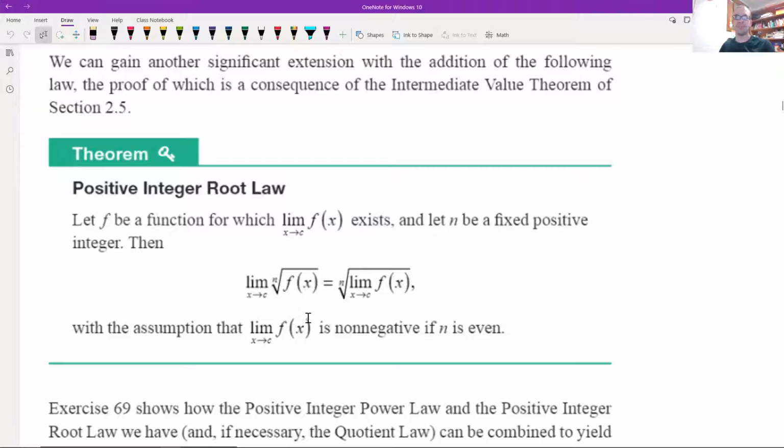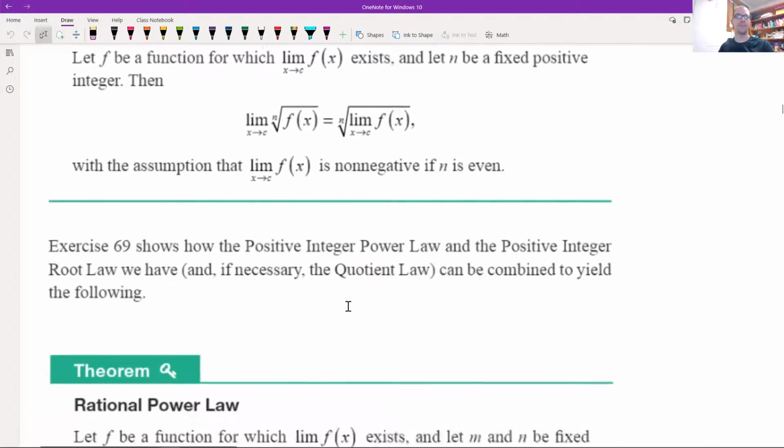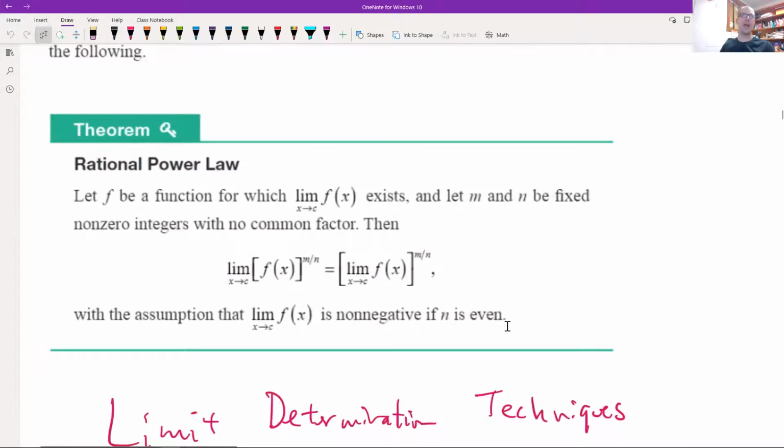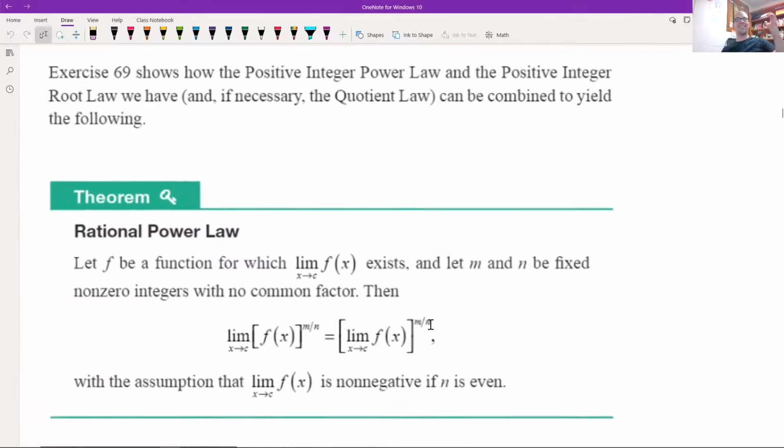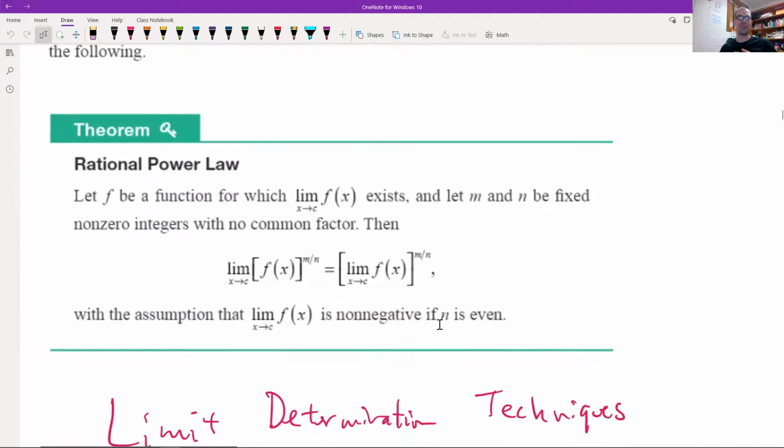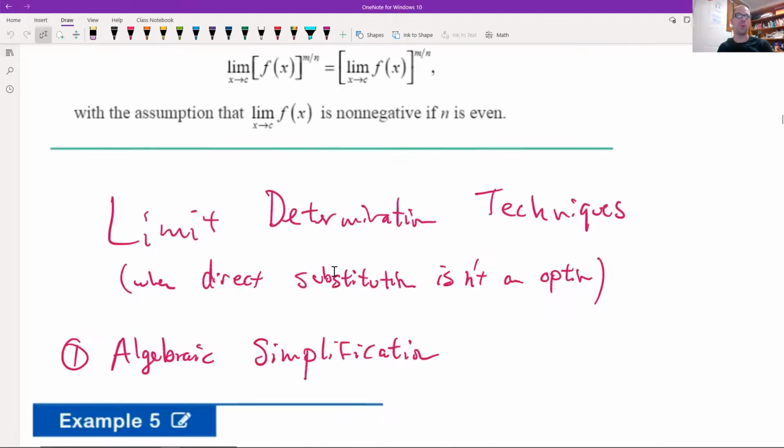It can be handy sometimes. Rational power law is pretty much combining the integer power law with the positive integer root law. Since both of those things are true, rational power law works out as well. So again, cool.